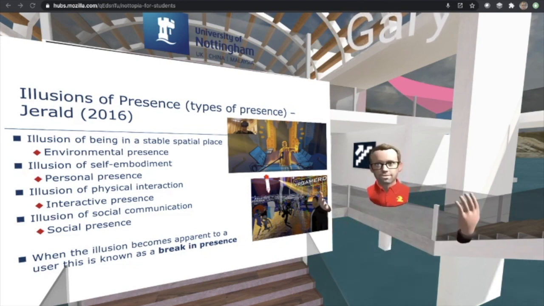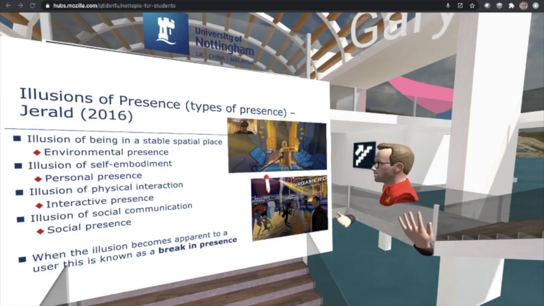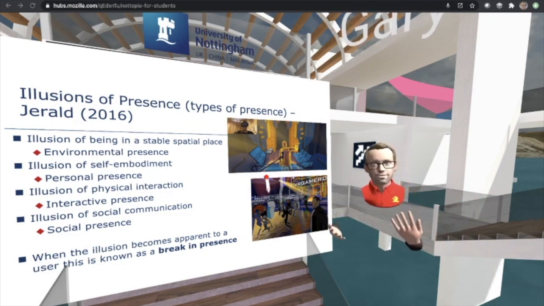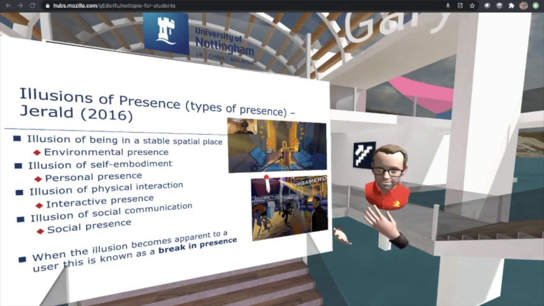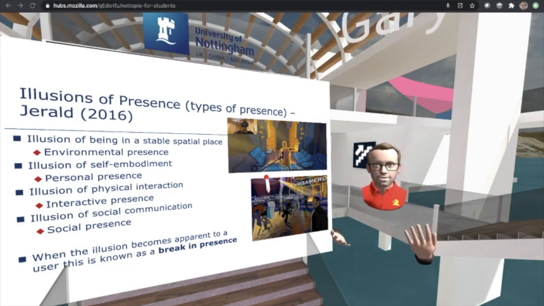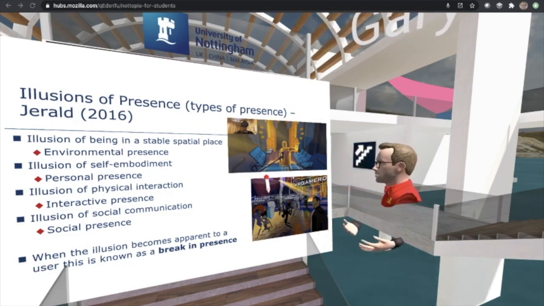Maybe I've chosen a different body, and I can still have good personal presence through that avatar. And I'll be talking a lot more about all the human factors issues associated with avatars in one of the future mini lectures.